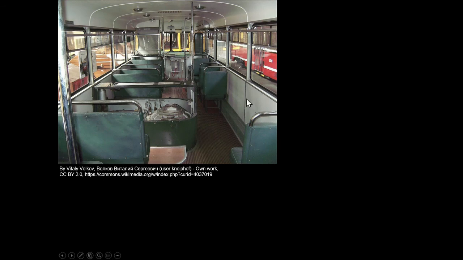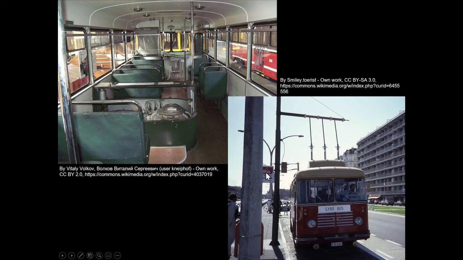And there are actually buses that do this. This is an old bus from, I believe, the 1950s, and there's a flywheel right here in the center. This doesn't have any motor other than that flywheel. It would have to stop periodically and use electricity to charge up that motor.